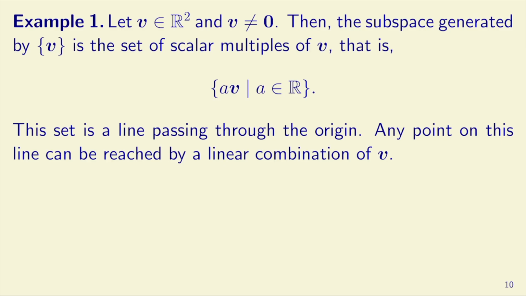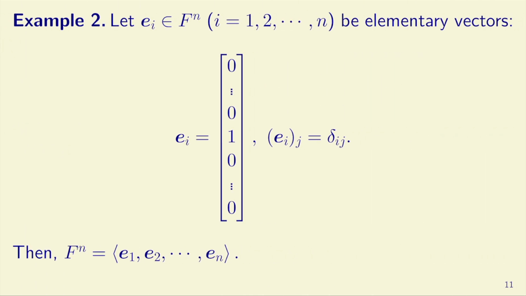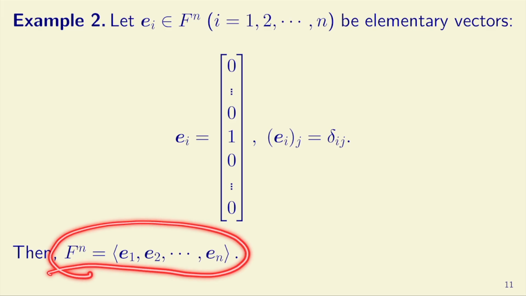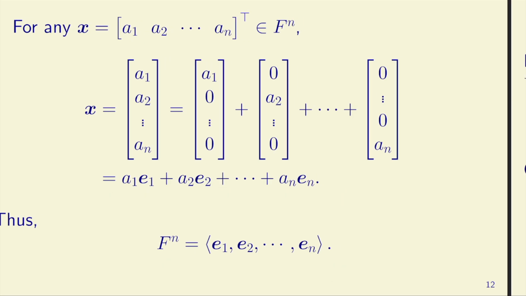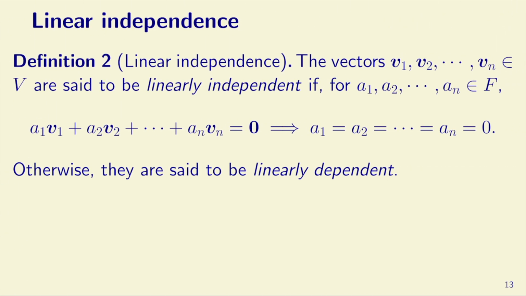The notes give an example with elementary vectors e1, e2, and so on, en in Fn, so it's an n-dimensional vector space. What do they span? They span the entire Fn space, because any vector in Fn can be written as a linear combination of those elementary vectors. Exactly. Now let's transition to the why linear independence is important part.